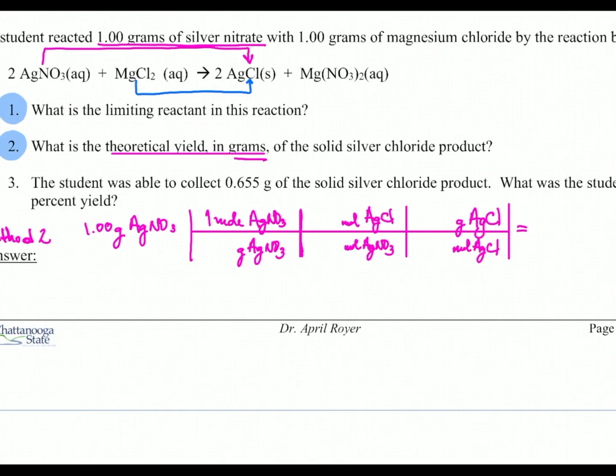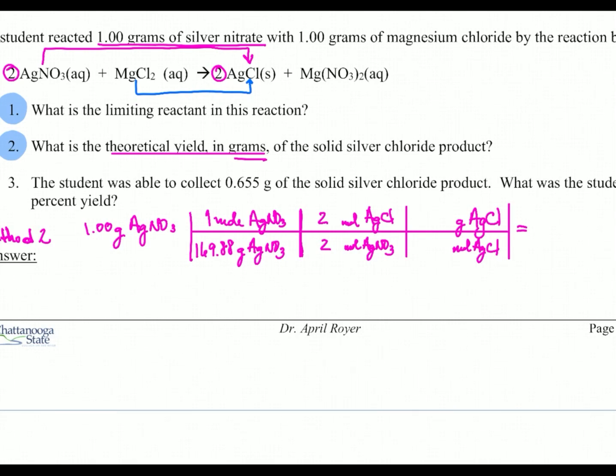Okay, if we run to the periodic table and add that up for the silver nitrate, it's 169.88. If you look at the balanced chemical equation, there's a 2 in front of silver nitrate, so I'll put that right there. And there is a 2 in front of silver chloride, so I'll put that right there.